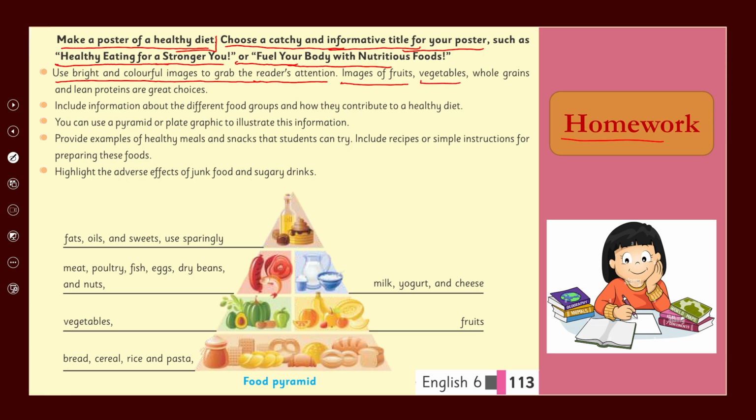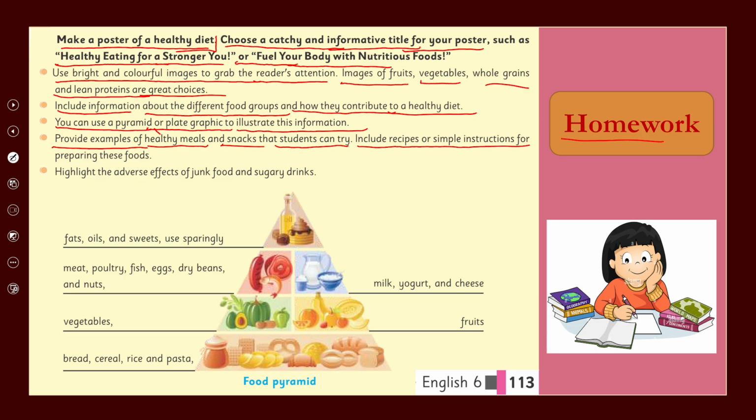Images of fruits, vegetables, whole grains, and lean proteins are great choices. Include information about the different food groups and how they contribute to the healthy diet. You can use a pyramid or plate graphic to illustrate this information. Provide examples of healthy meals and snacks that students can try. Include recipes or simple instructions for preparing these foods. Highlight the adverse effects of junk food and sugary drinks.